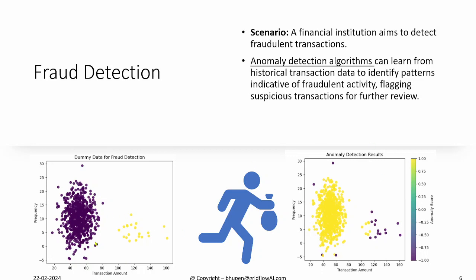Now, this transaction amount has a typical pattern. Based on the pattern, some of the data points could be outliers, or extraordinary, or abnormal, and that's what is called anomalies.